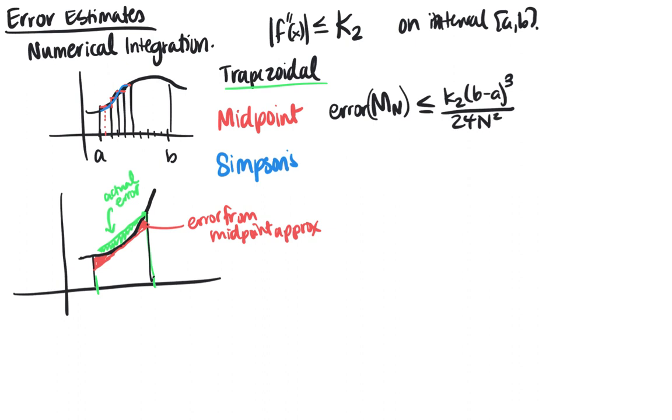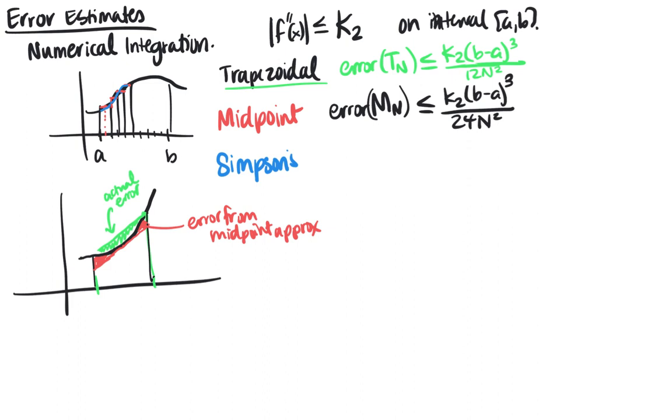Then the error for trapezoidal is bounded by a similar expression: the actual error will be less than or equal to K2 times (b minus a) cubed over 12n squared.